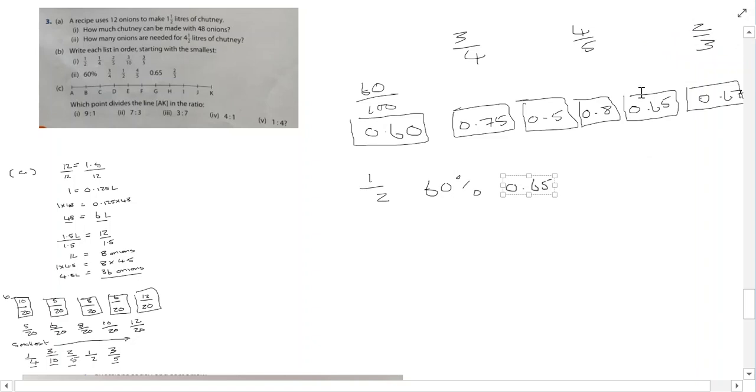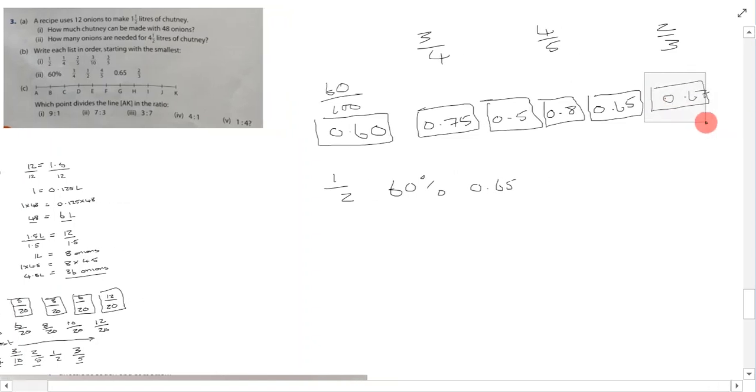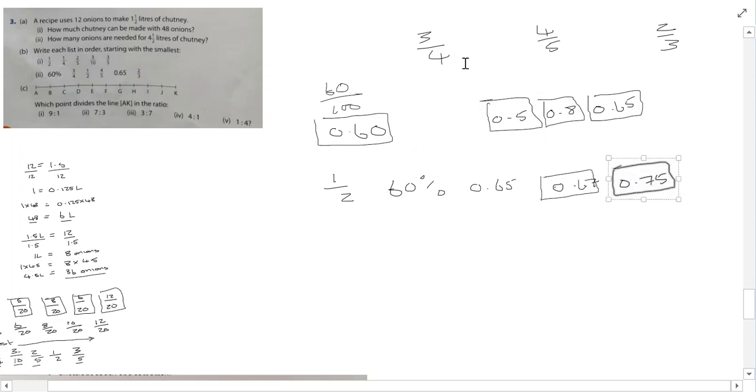Then you're going to have 2/3, which is 0.67. The next one is 0.75. What are we left with then? We have 4/5, 0.8, which is this one here.